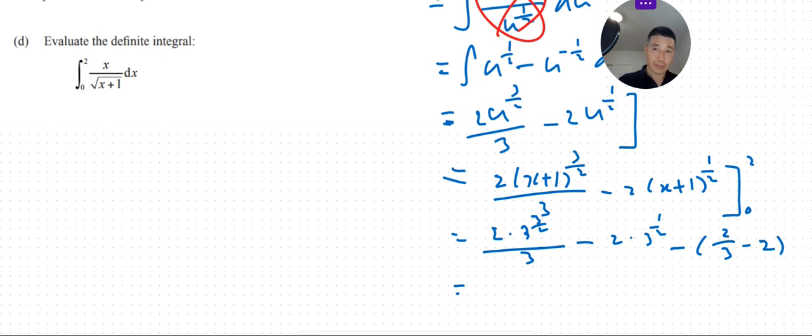Divided by 3, minus 2 times 3 to the power of a half, minus 2/3, isn't it? 2/3 minus 2 is 1.333, which is 4/3, I believe.